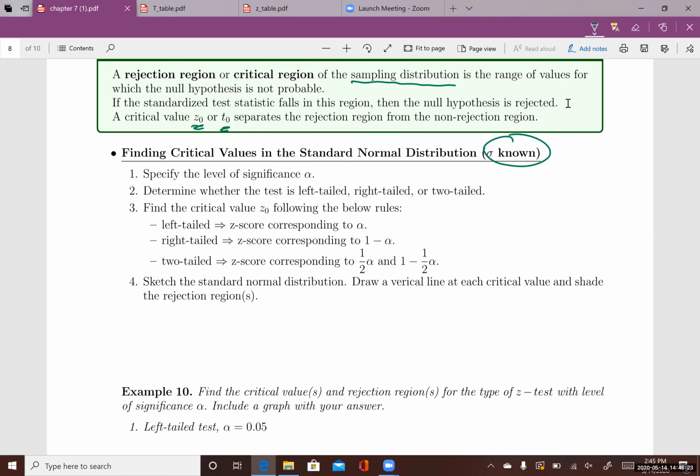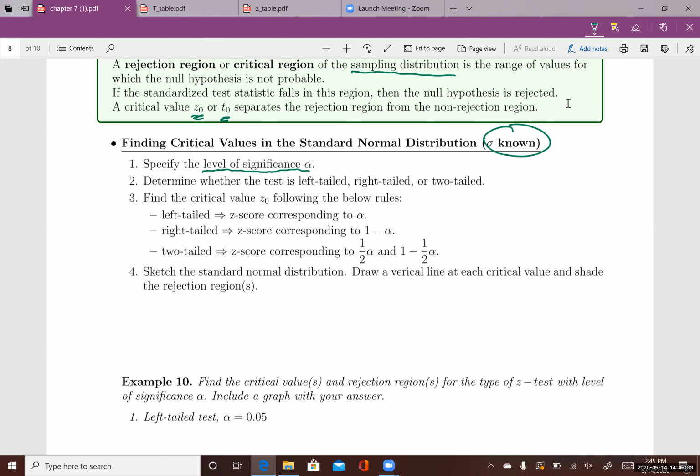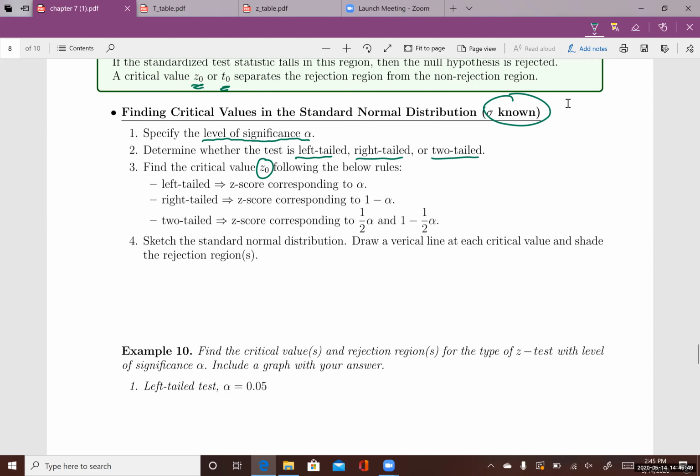The critical value is associated with alpha, the level of significance. You need to know your level of significance, and then you determine whether the test is left tail, right tail, or two tail, depending on your hypothesis statements. And then you can find the critical value Z0 following the rules.